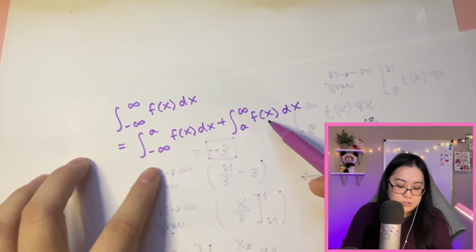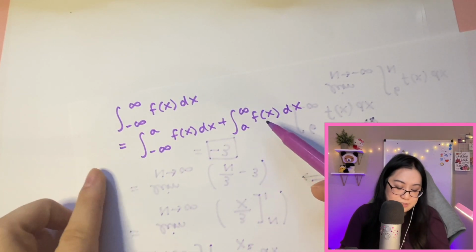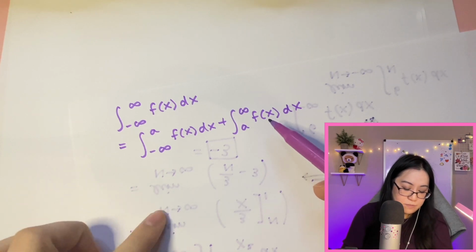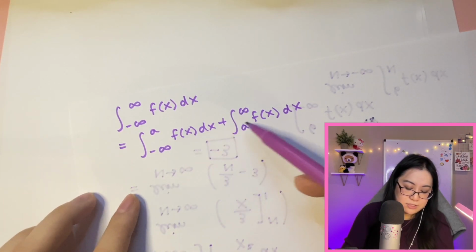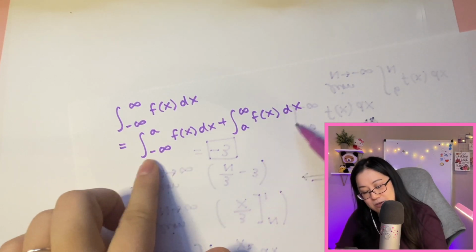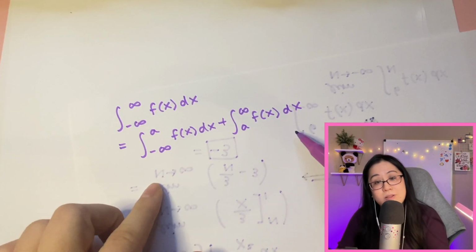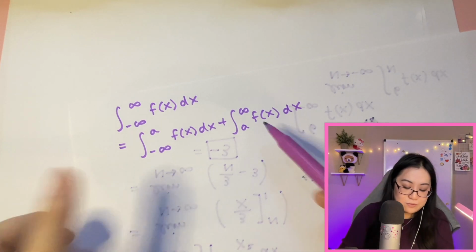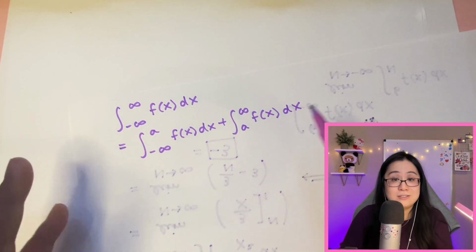And then now you can do both limits. The limit as n approaches negative infinity from n to a of this, plus from a to n as n goes to positive infinity. So now you have two limits to deal with, but again, we still have to consider whether or not this converges.